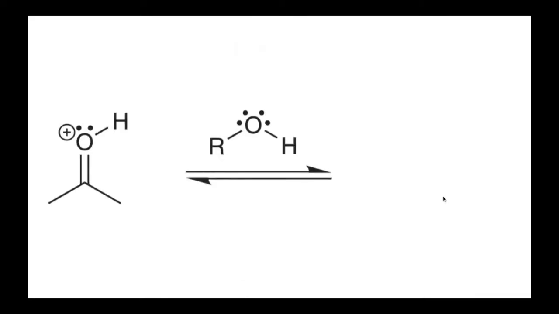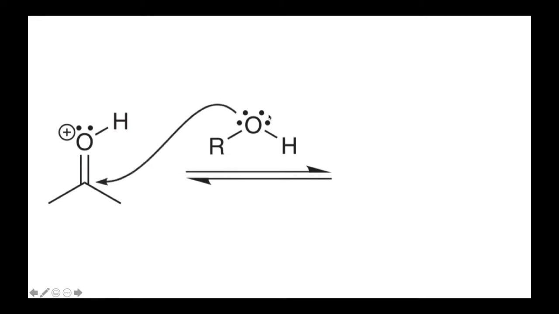Let's keep going. We have our activated carbonyl group on the left, and now I have my alcohol as a reagent. Now that my electrophile, the activated carbonyl, has become more electrophilic because of protonation, I can attack now with my nucleophile.